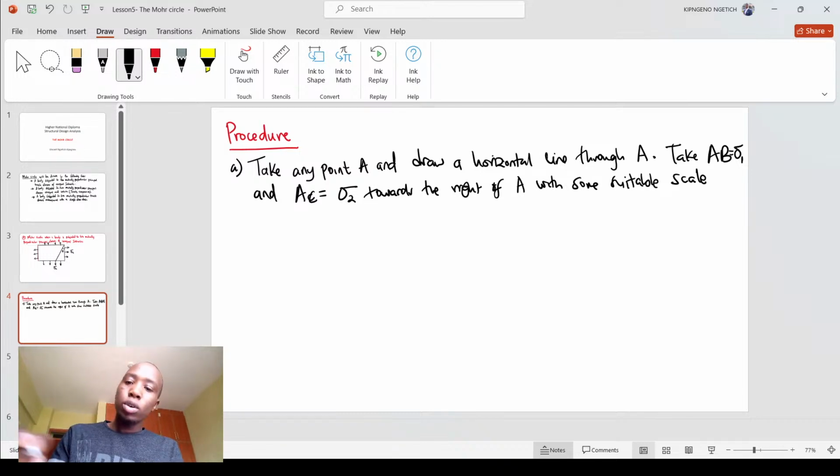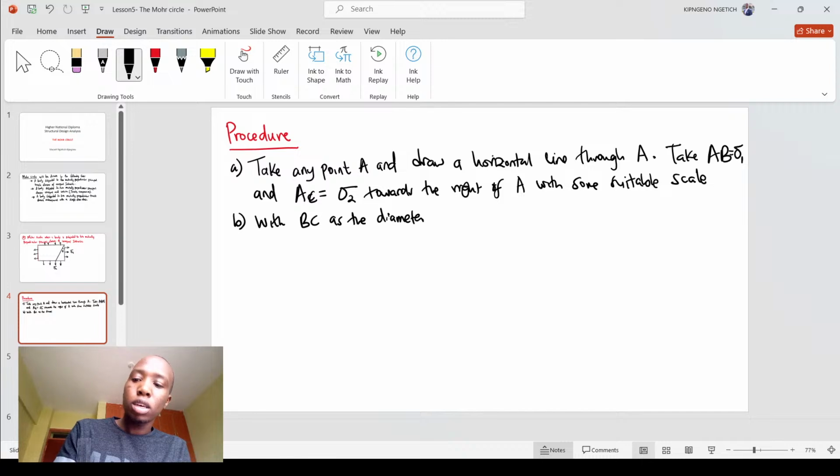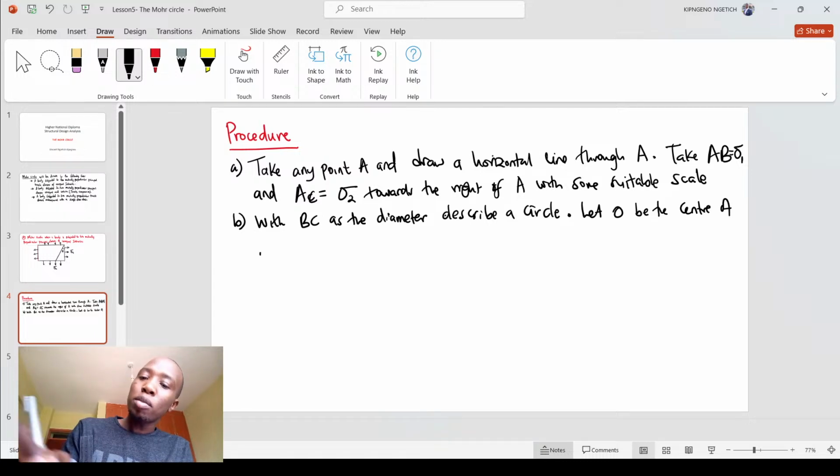Now, with BC as the diameter, describe a circle. Don't worry, we are going to draw this very soon. Let O be the center of the circle.